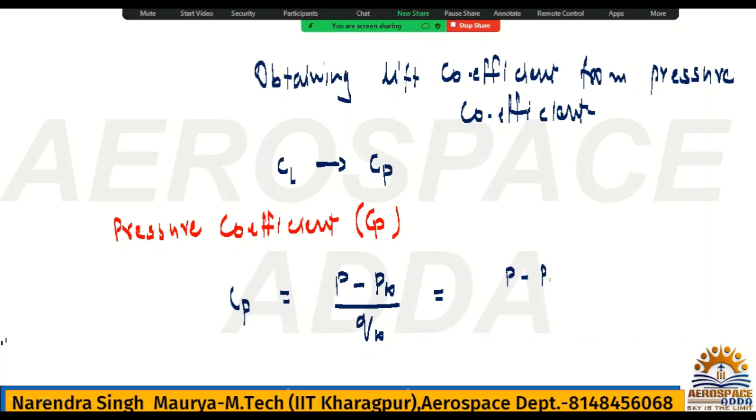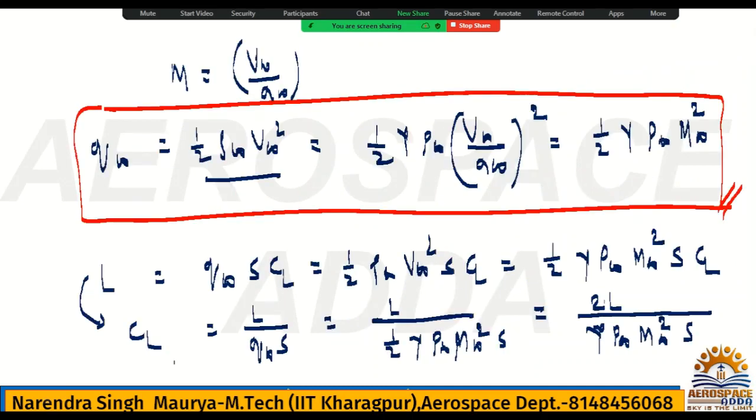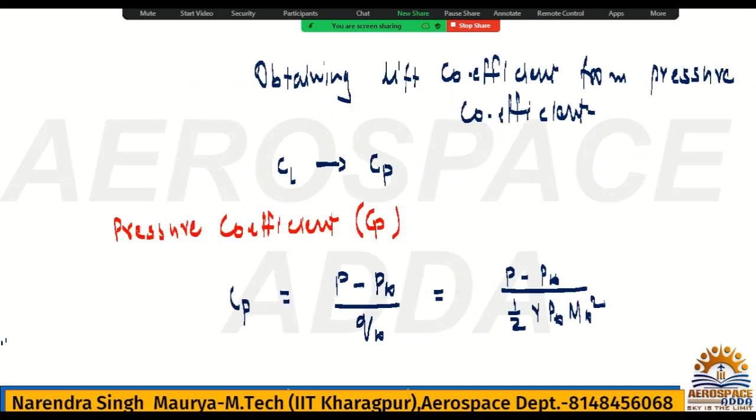P minus P infinity divided by Q infinity. What is Q infinity? 1 by 2 gamma P infinity M infinity square. Yes or no? Check it. Q infinity, that formula, 1 by 2 gamma P infinity M infinity square. Okay, this is the pressure coefficient.